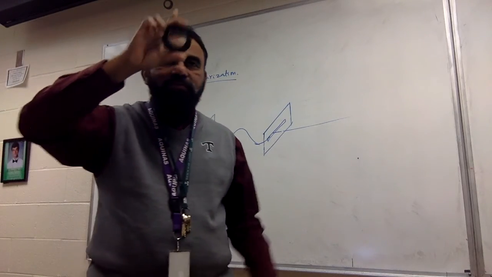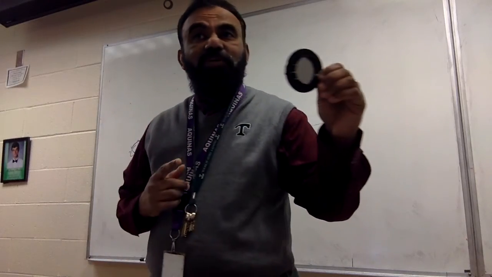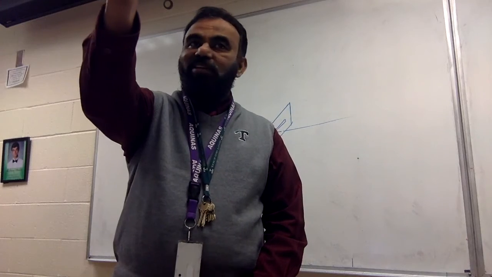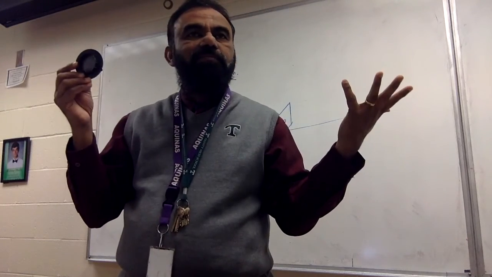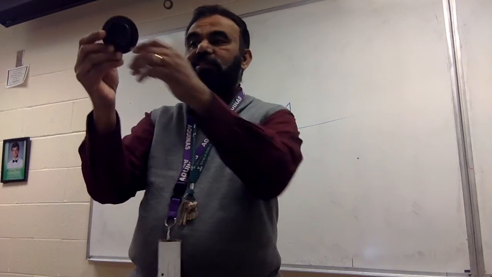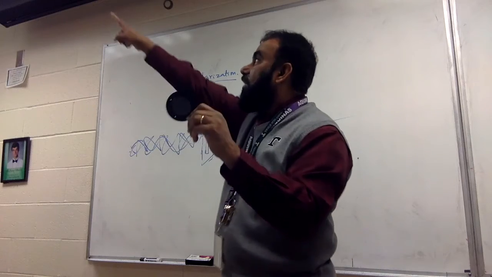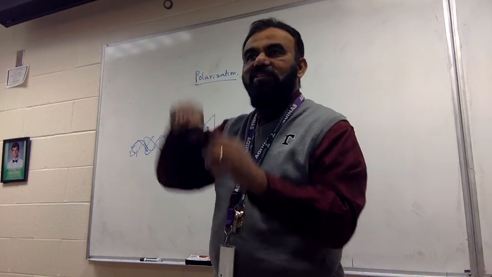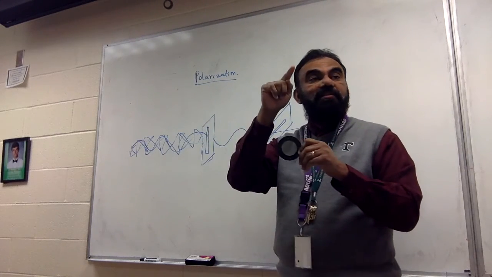Can you see through it? Yeah, you can see through it, but you don't know which way it is. There are lots of slots. I don't know which way the slots are because I can see through it. But one thing is for sure: the light that is coming from there is ordinary light in all directions, but what is coming through it is polarized light.